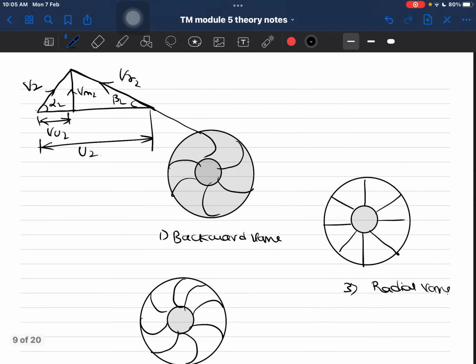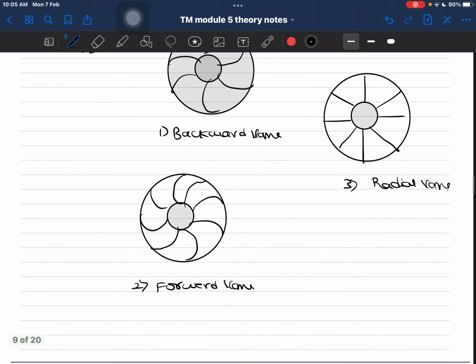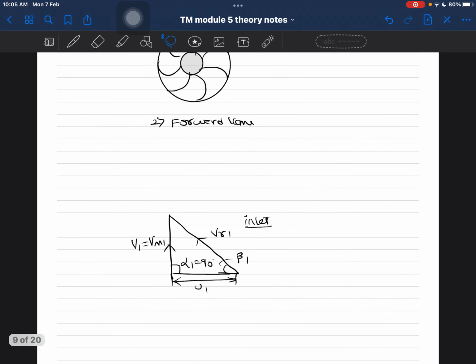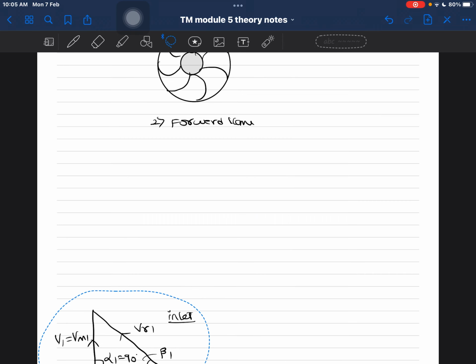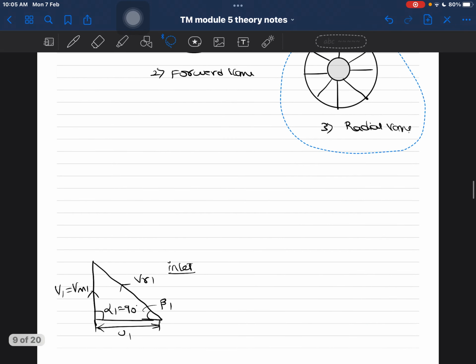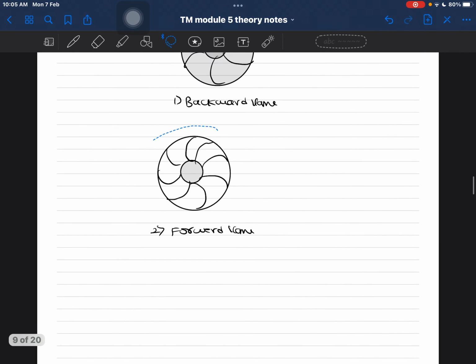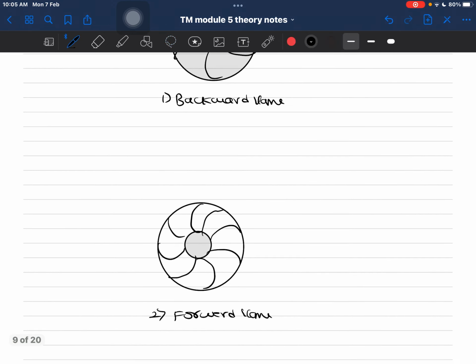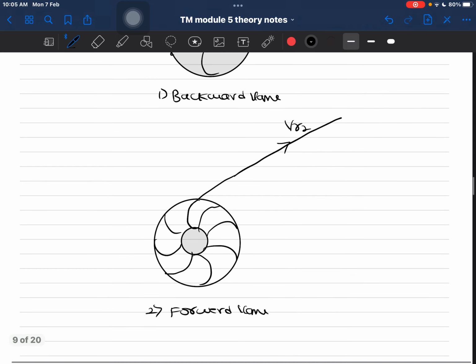Now, what would be the velocity triangle in case of a forward vane? Let us see. The input velocity triangle, as I told you, would be the same for all three vanes. Now for the forward vane, as the name describes, the outlet would be something like this, which is Vr2, the same thing.